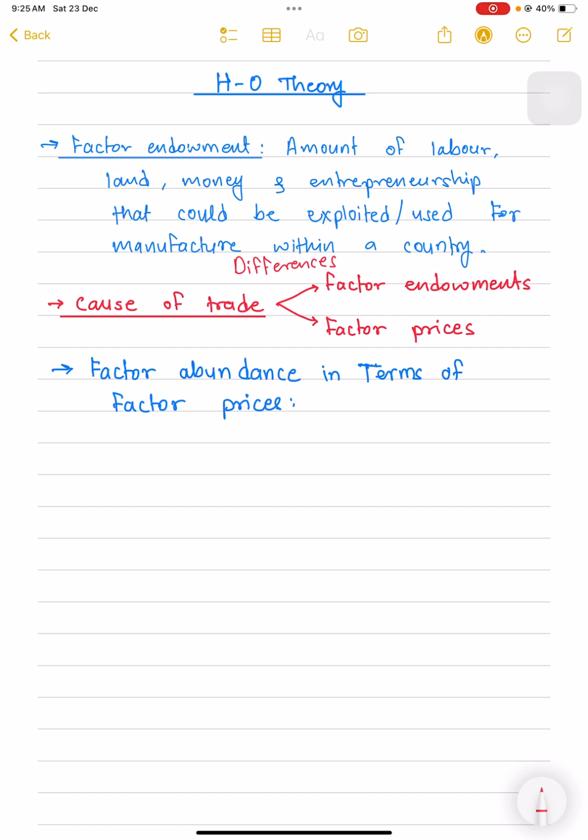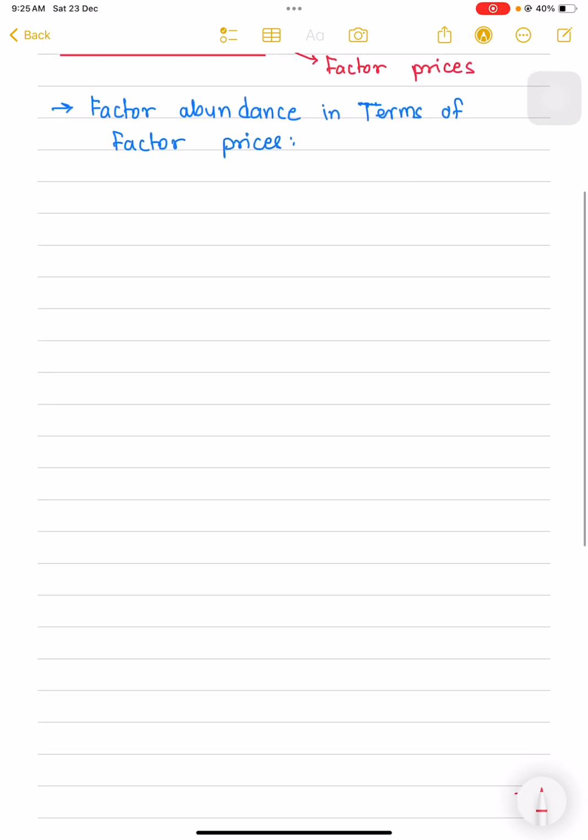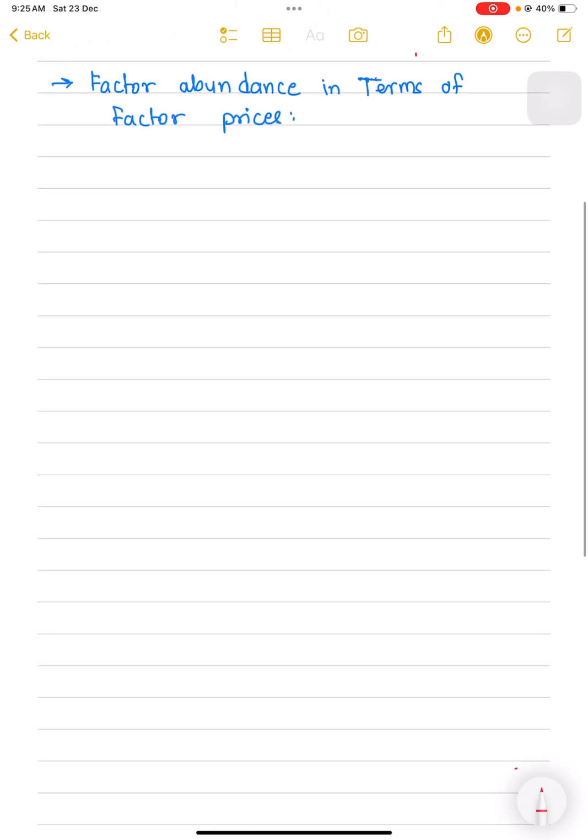These are very easy diagrams, but you have to learn them slowly. And one thing is, always draw a bigger diagram. Don't restrict yourself within a short space.